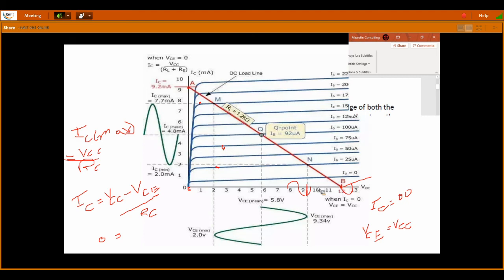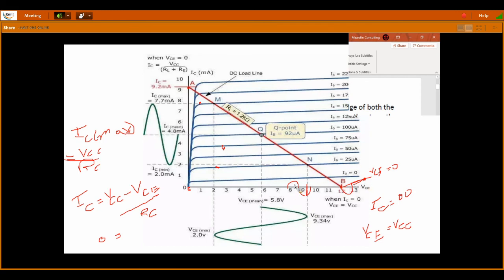Hence there is no amount of current flow at the output. So IB becomes zero, IC is also zero, and there is no current for the negative cycle of input. So the output voltage VCE here for the negative signal is zero, but for the positive cycle of input you have the negative cycle of output. So hence there is a clipping.